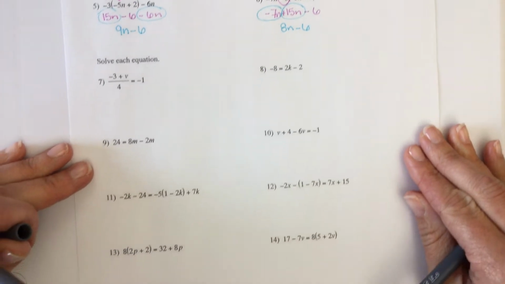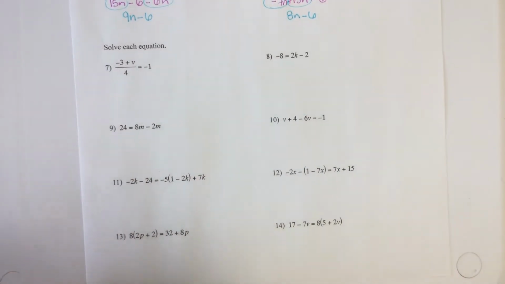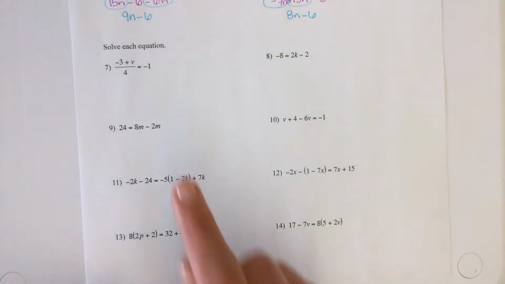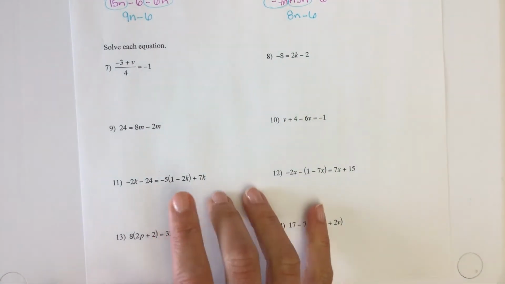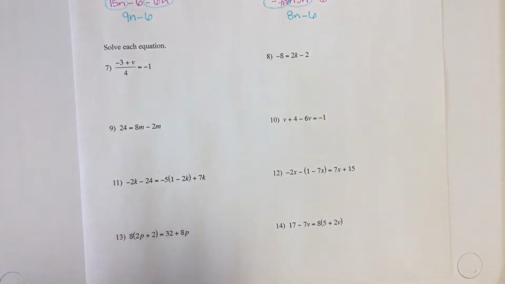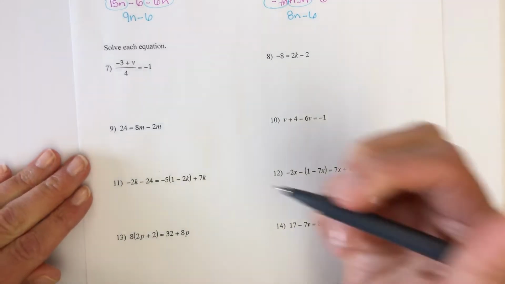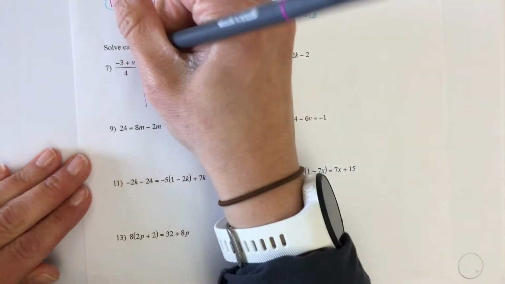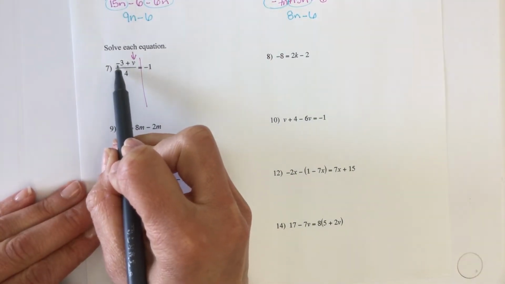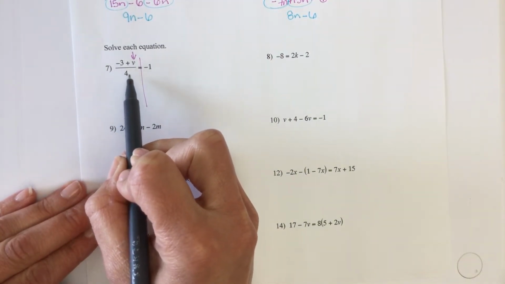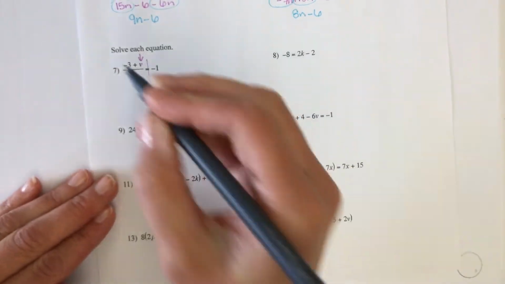Okay, so the last problems, these are all solving equations. They have equal signs, but as we progress, there's going to be more simplifying in the equation. So the first one, remember I like to draw your line, locate the variable. Who is furthest away, -3 or +4? Well, the 4 is on the bottom, and so that's who we're going to move first.